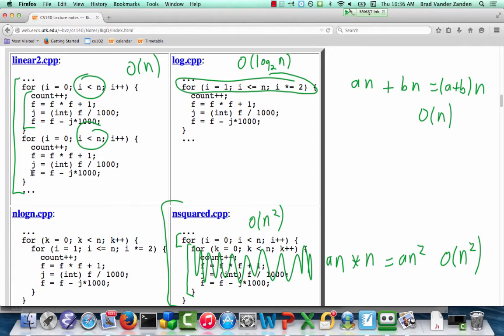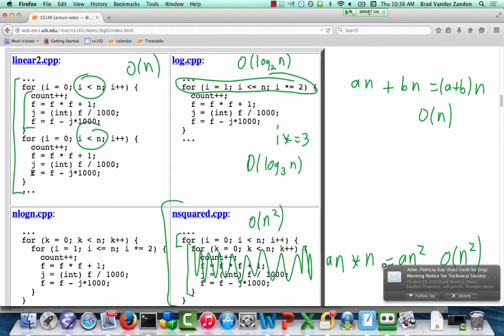I'm not going to go through the proof, but that's the definition of a logarithm. So, with pardon? If it was tripling each time, would be log 3. Very good, Gerald. So Gerald's question was if it was instead I times equals 3, then in fact it would be log 3 of n.